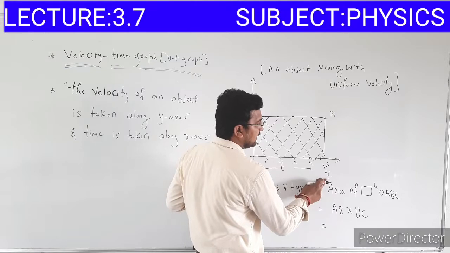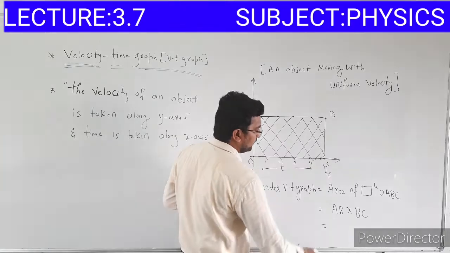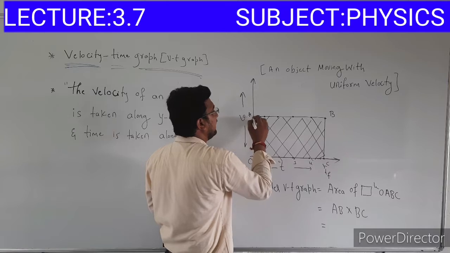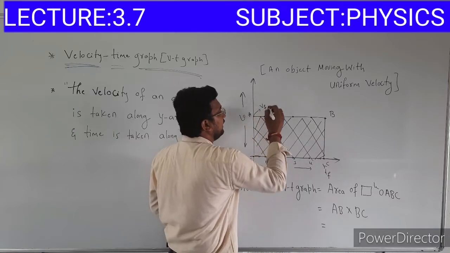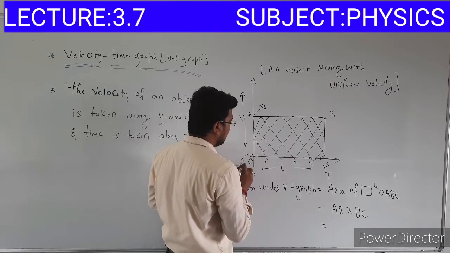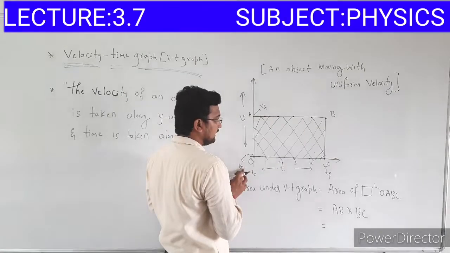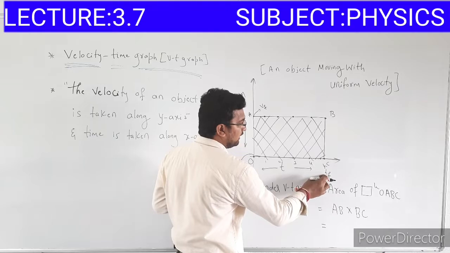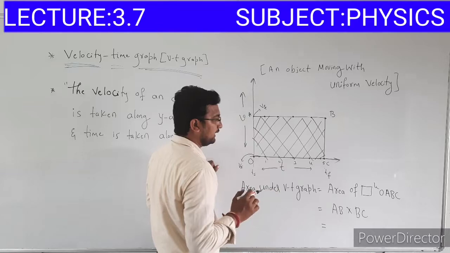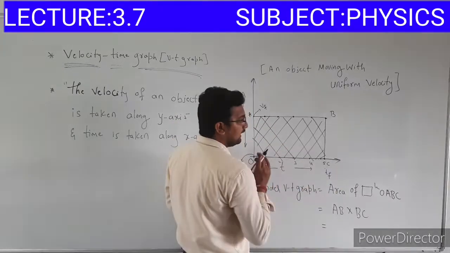T suffix F indicates the final time and T suffix I indicates the initial time. Then BC: B is the final velocity, denoted by V suffix F, and the C point is V suffix I, the initial velocity. So this is the final velocity and this is the initial velocity. Then the AB value is T final minus T initial.